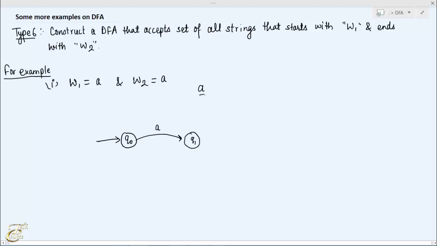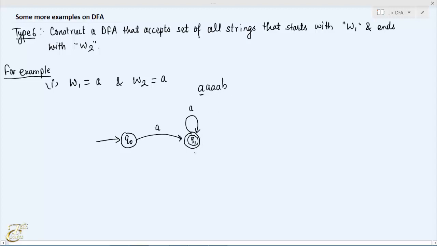Since this A belongs to this language, we have to accept this A. Therefore, we make this state, that is Q1, the accepting state. Now, any number of A's coming after this A should be accepted. That's why we make this transition on A. Now, what if the machine reads a symbol B after this A, that is from the state Q1?